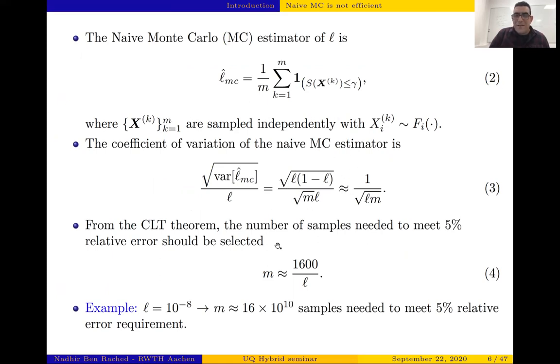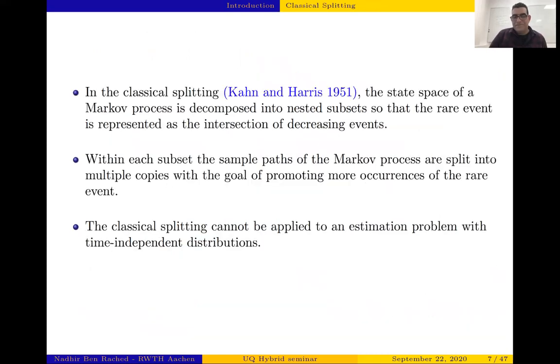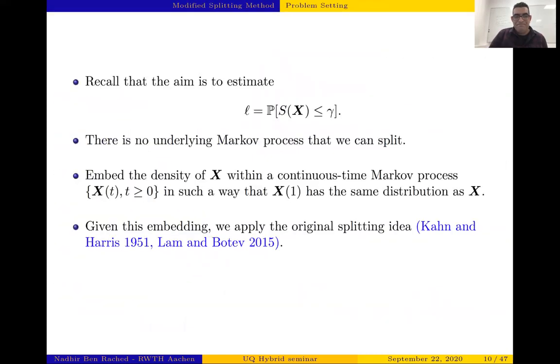So this is just motivation for why we need variance reduction techniques and why Monte Carlo fails in the regime of rare events. But I agree, in the comparison one should compare with something that is more efficient than Monte Carlo. Okay, thank you very much. You will see later that I will compare to other efficient estimators. Yeah, thank you.